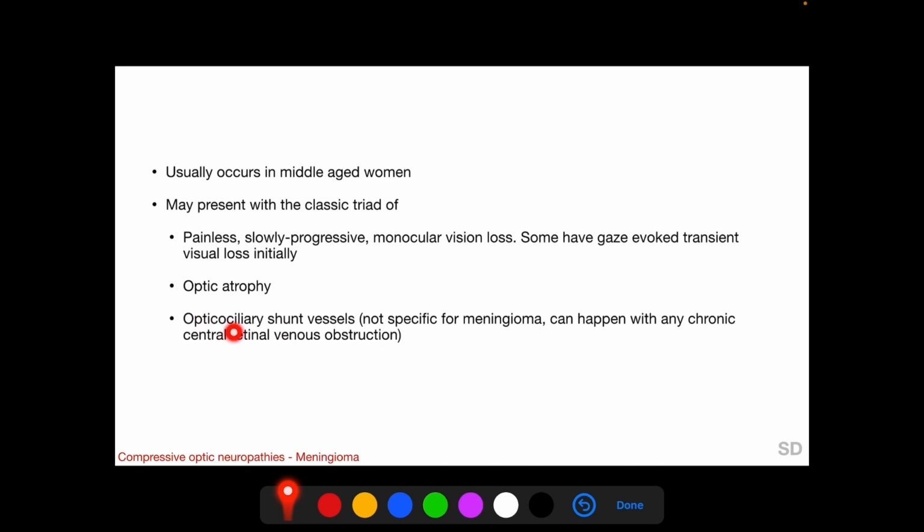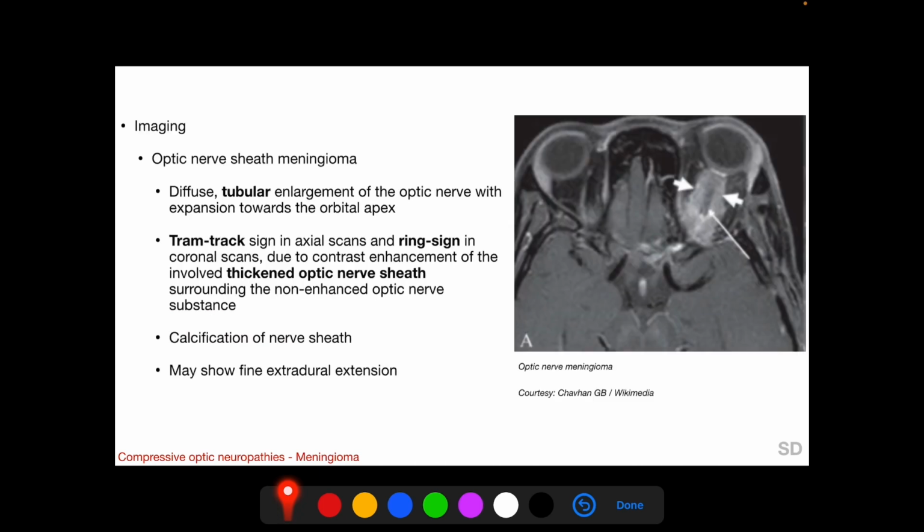As we have seen, opticociliary shunt vessels can happen with any cause of chronic central retinal venous obstruction. Imaging of the optic nerve sheath meningioma shows a diffuse tubular enlargement of the optic nerve with expansion towards the orbital apex. Tram track sign is seen in axial scan. So this is an axial scan showing the tram track sign, and a corresponding ring sign is seen in coronal scan.